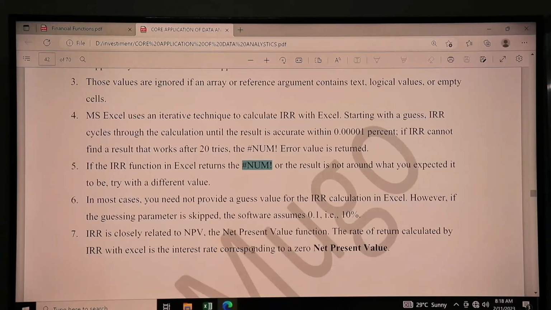Just change the values. In most cases, you do not need to provide the guess value for the internal rate of return calculation in Excel. However, if the guess parameter is skipped, the software always takes 10%.